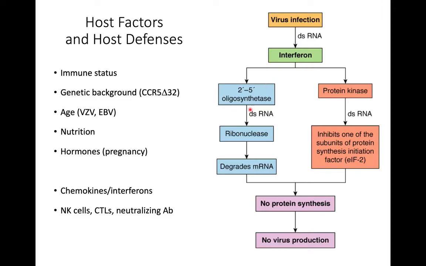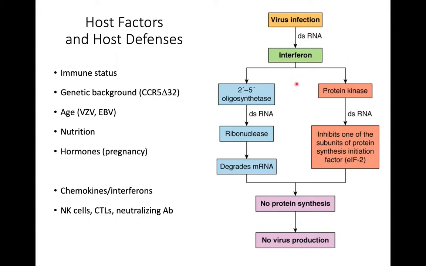You guys have probably learned about 2'-5' oligoadenylate synthetase, which again, its goal is to turn on ribonucleases that will degrade messenger RNA. These can degrade host and viral messenger RNA with the goal of preventing viral protein synthesis. If we prevent viral protein synthesis, we can't make new virus. We prevent the spread of the virus throughout the body.